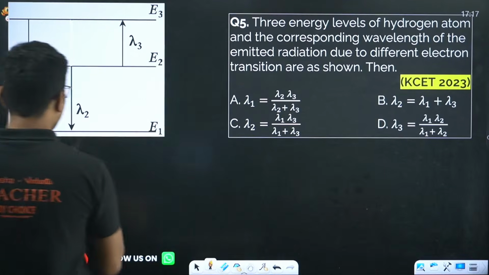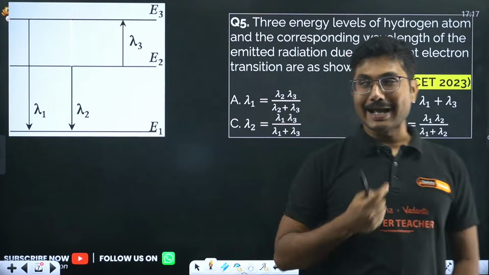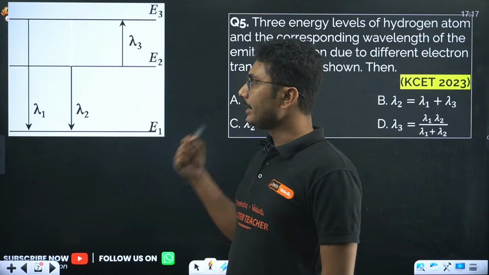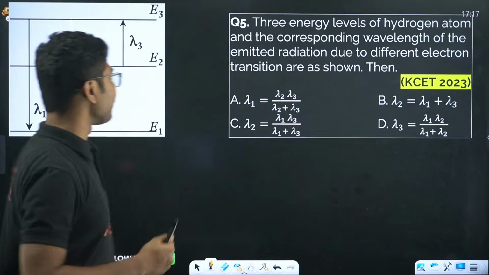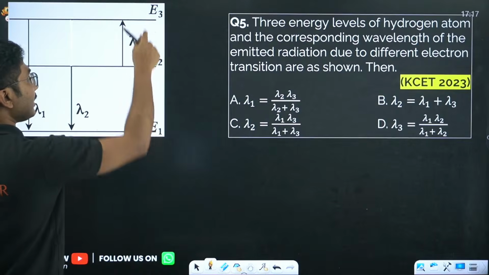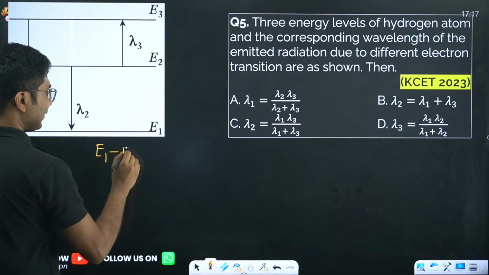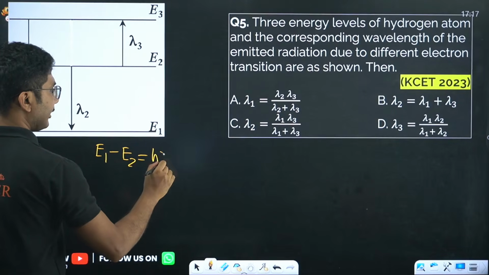First of all, we have to use Bohr's theory. Bohr theory states that the energy of the radiant photon is equal to the difference in energy gap. So E1 minus E2 equals h nu 2.